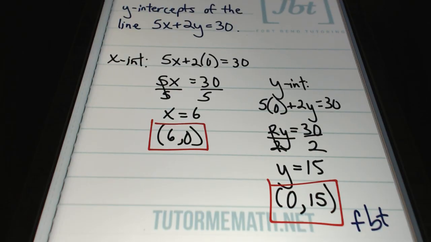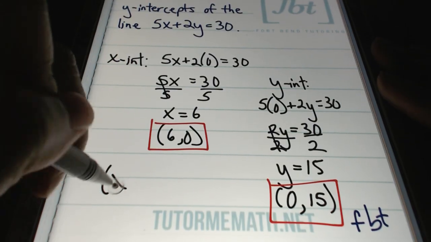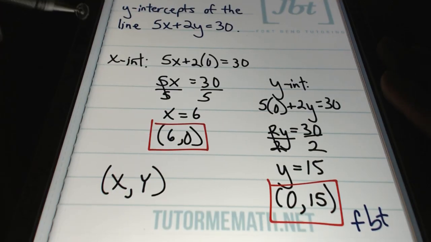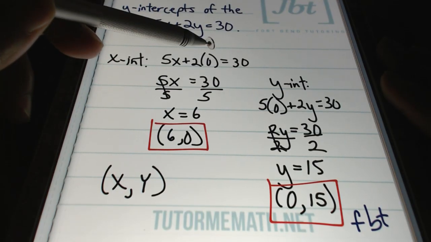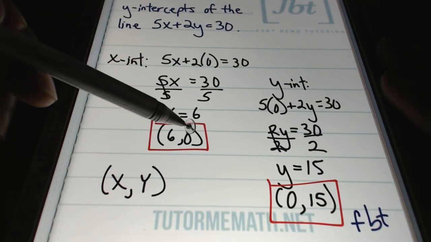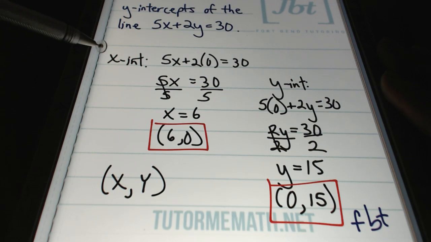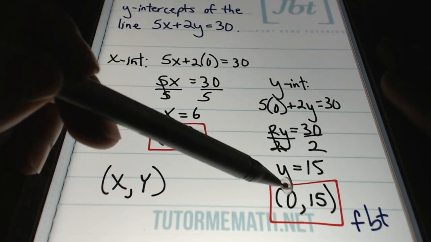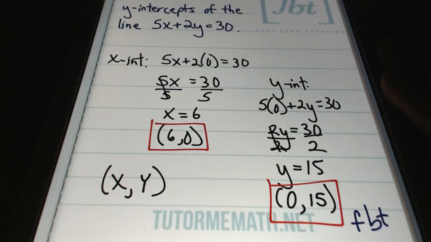So remember that in an ordered pair, the first value is the x value, the second value is the y value. For the x-intercept, we plugged in 0 for y and solved for x, so we already know that our y value must be 0. Likewise, with the y-intercept, we plugged in 0 for x. That's why in the ordered pair, we have a 0 value for the x there.